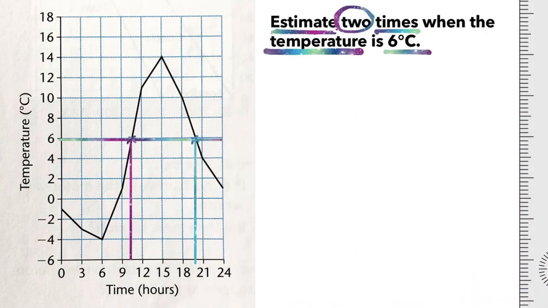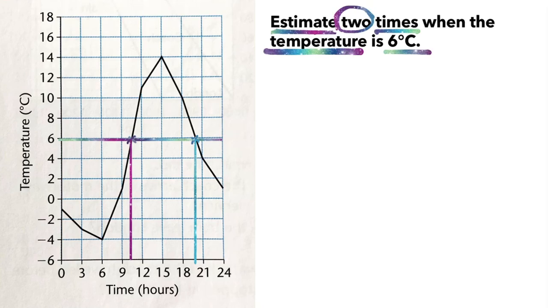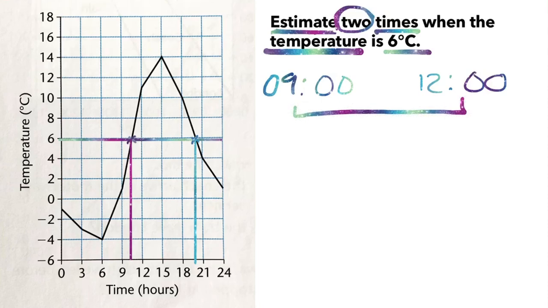Okay, now let's see. Put the ruler away. So the first one is, I would say, I know my line doesn't show it perfectly, but I'd say it's halfway between 9 and 12 o'clock. So halfway between those 2 times, this is where you need your knowledge of time. The gap between here is 3 hours.